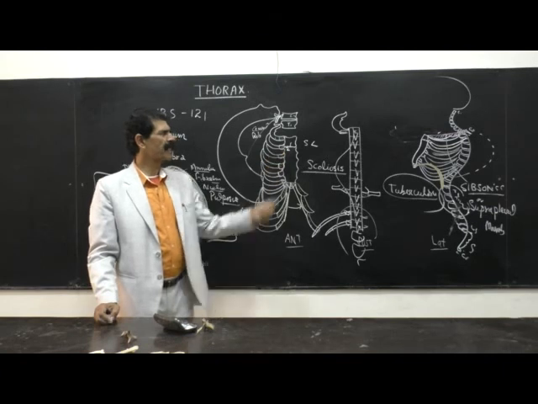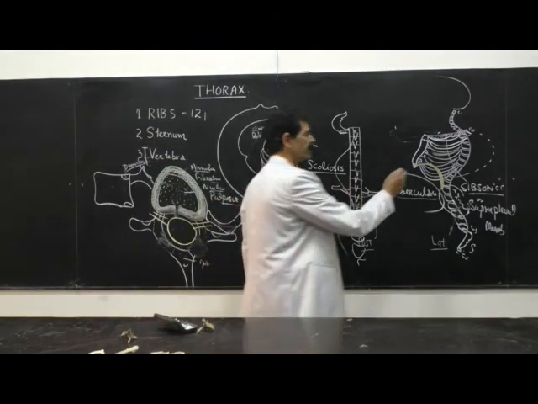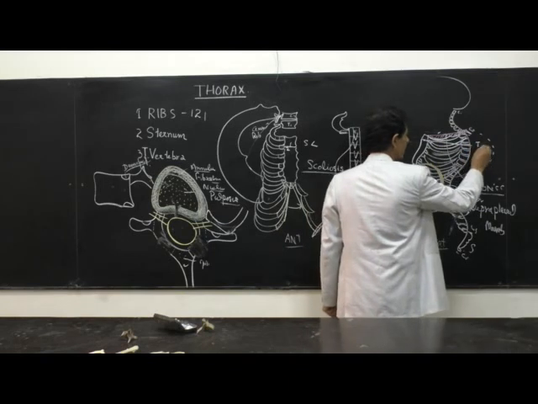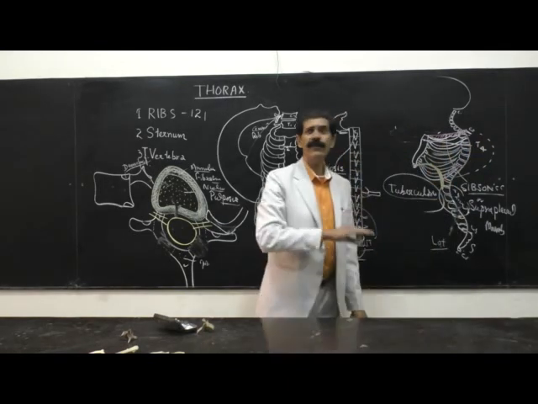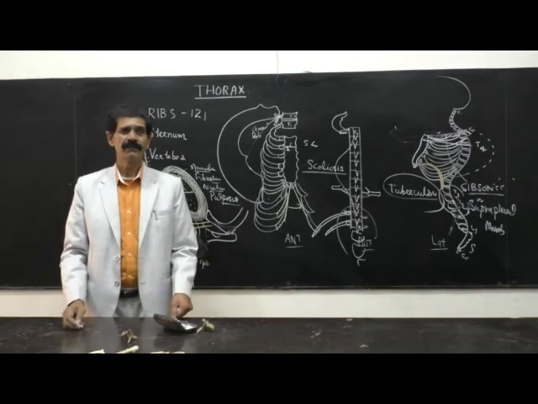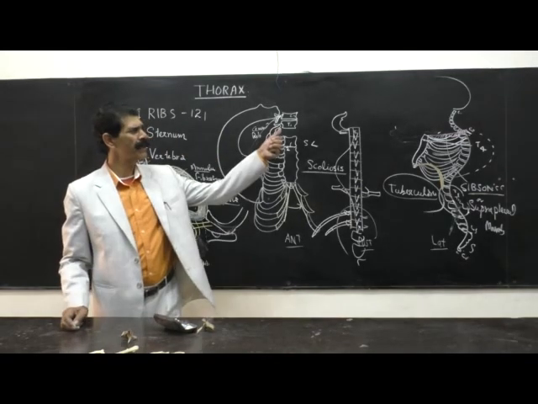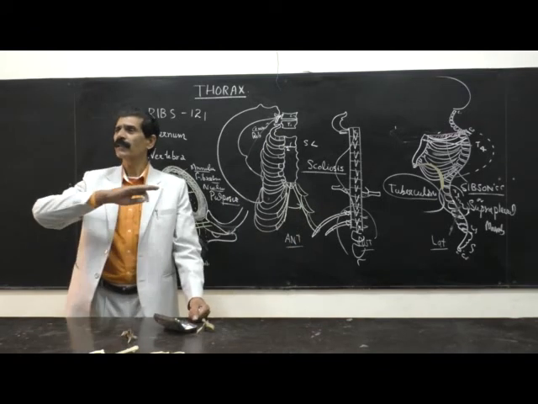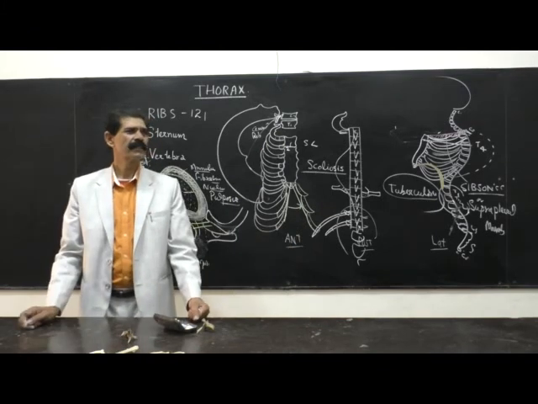And plus, second is the level. This sternal angle lies at the level of T4, the fourth thoracic vertebra, because above is the superior mediastinum and below is the inferior mediastinum. So it divides. This is the third importance.